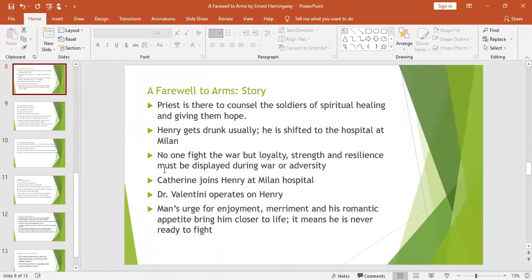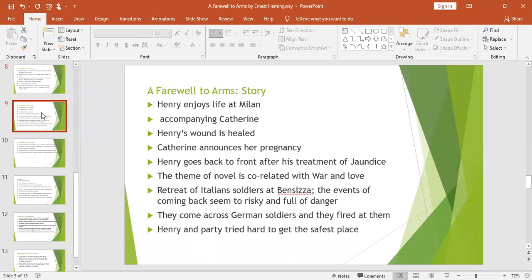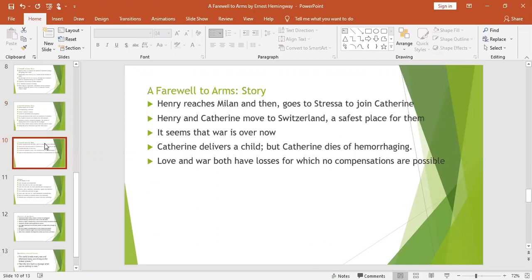This is the first slide. This is the second slide. You can see there are many events of the war, and soldiers are fighting on the Italian front. So American soldiers are there.